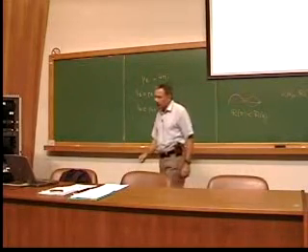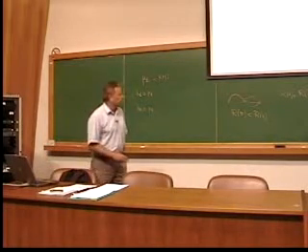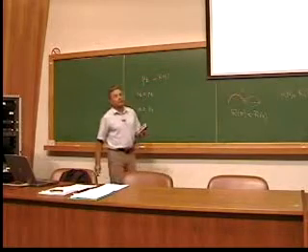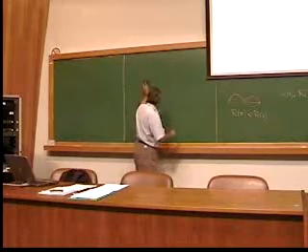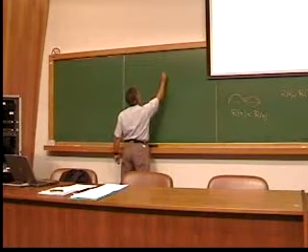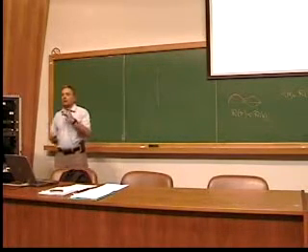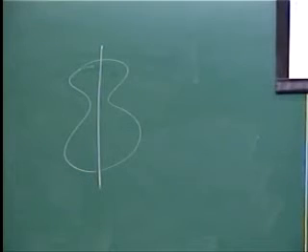I think I will use that. Let me just give this right away. So an application of this is that if you have a domain with some symmetry, then the first eigenfunction must have the same symmetry.